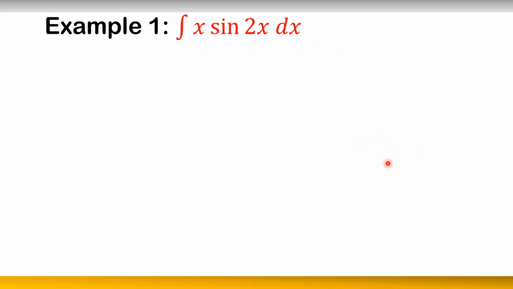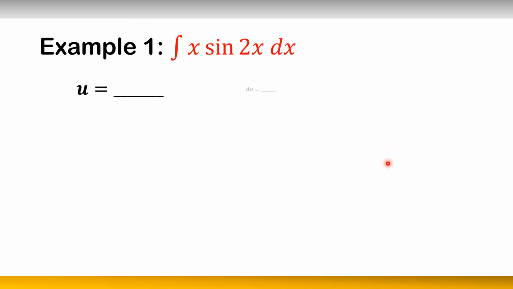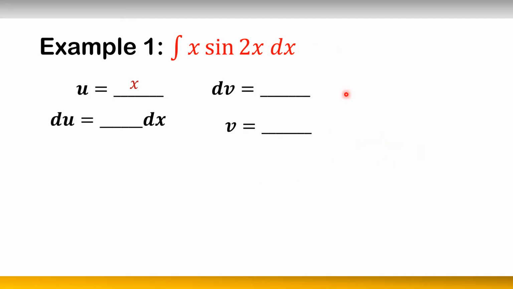Okay. Let's have our example 1. Ayan, so x sine 2x, priority natin ay for our U, tsaka dv. Ayan, parang ito yung template natin. So, ayan po kasi ang ating kakalabasan. So, our priority for our U is what? So, sa LIATE, si x. Algebraic, but before the trigo function. Okay? So, ibig sabihin itong si sine 2x dx, kung ito yung pinick up mong U, the rest of the function becomes your dv.